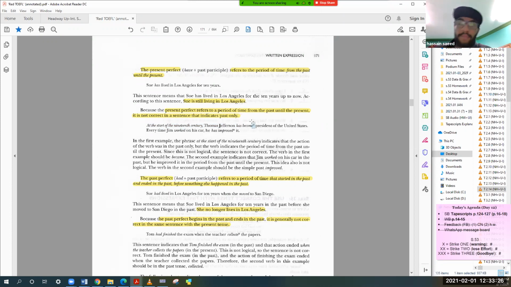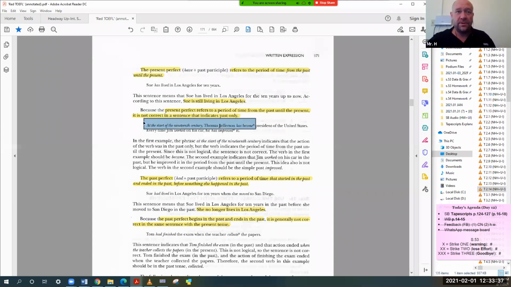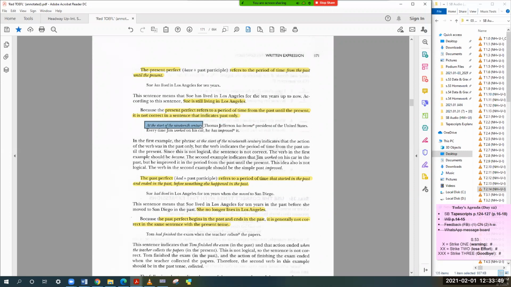Do you see this star, gentlemen? That means it's wrong. Okay, what's the problem? Had, it's supposed to be. At the start of the 19th century, this is in the past. Okay. Had become. It should be had become.